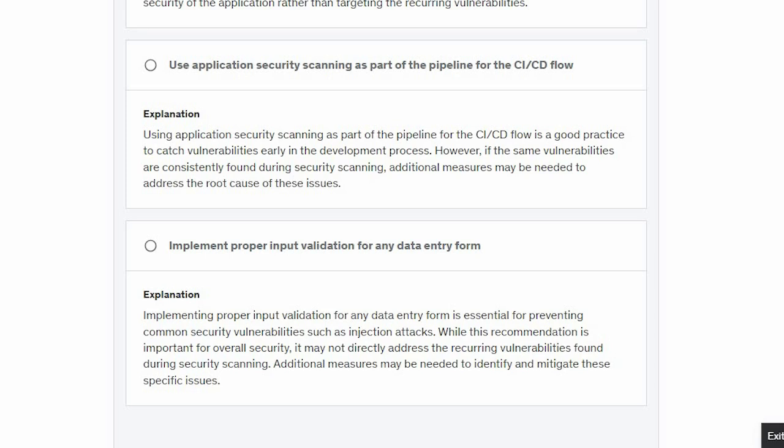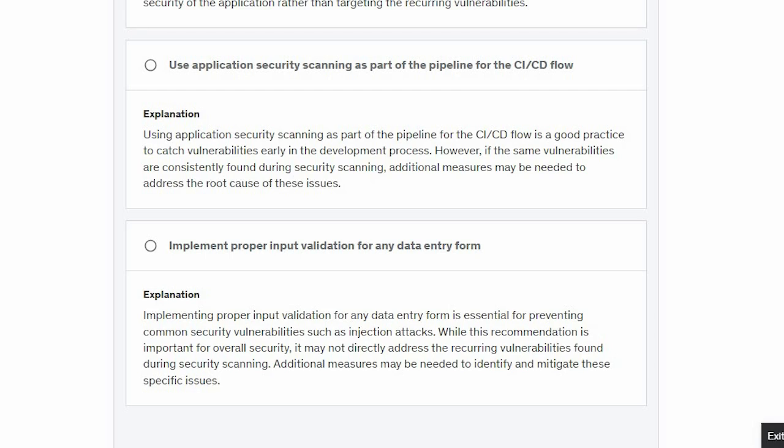However, if the same vulnerabilities are consistently found during security scanning, additional measures may be needed to address the root cause of these issues. So this is not the correct answer for this scenario.